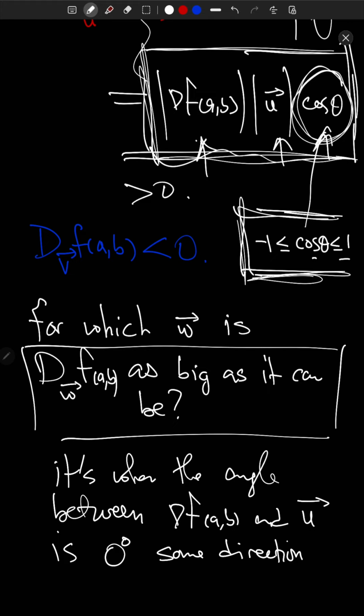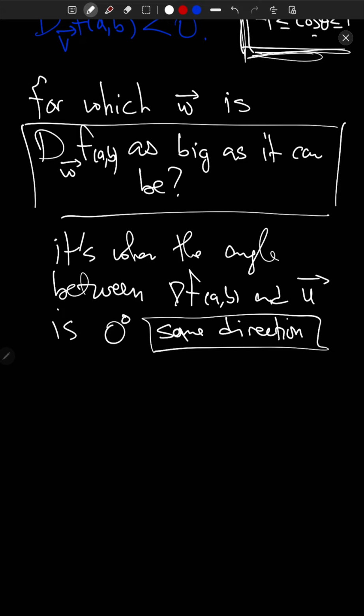We're going to talk about 90 degrees in 1 second. Same direction, right? So it's when gradient f and gradient u are in the same direction. Okay, so again, in terms of our hill example, that means that gradient f itself points in the direction in which the hill is steepest.